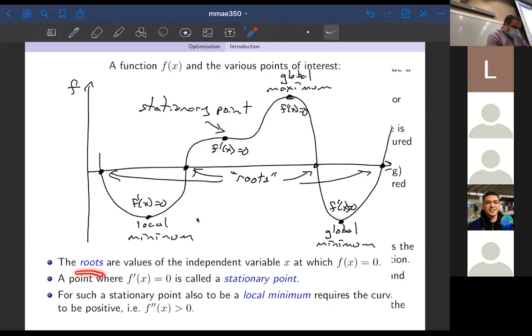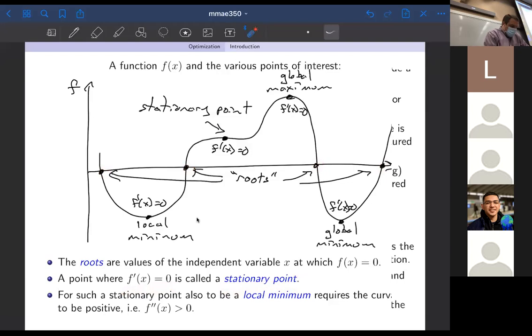So the roots are just values where f of x is equal to 0. That's not what we're concerned with right now, although you'll see very shortly a connection between roots and extremums. Any point where the slope is 0 is called a stationary point. It may also be a local minimum or maximum, but it may not be. It just depends.